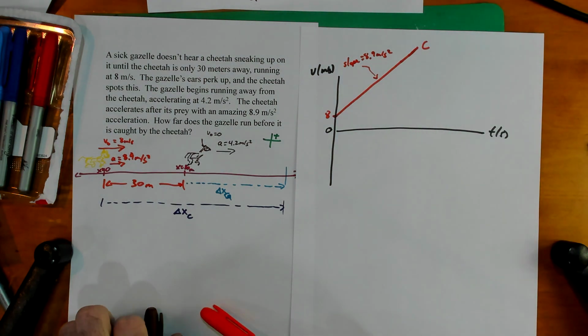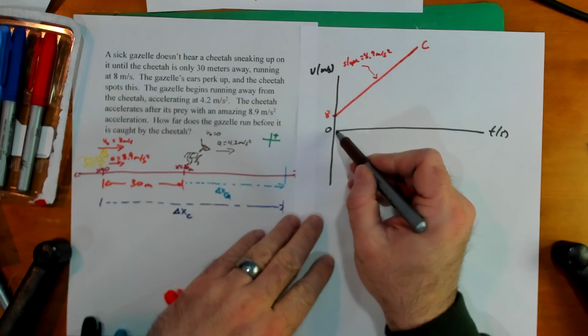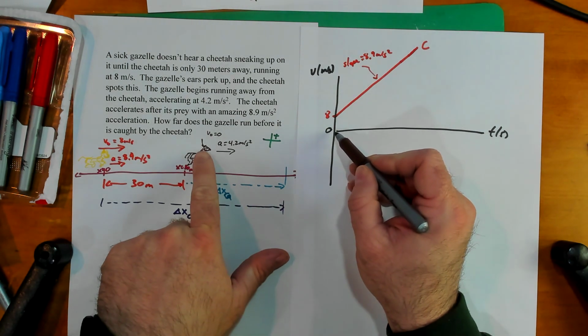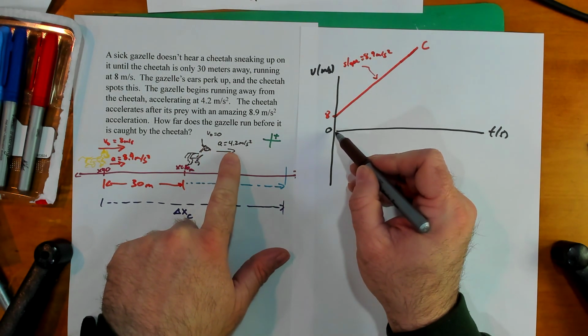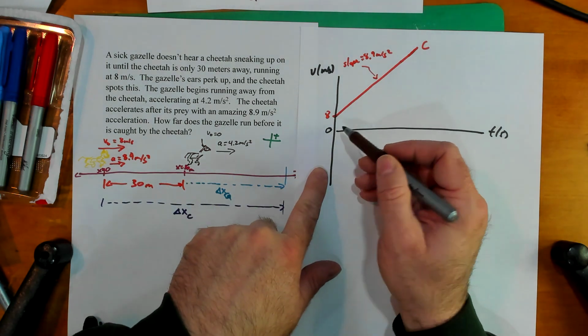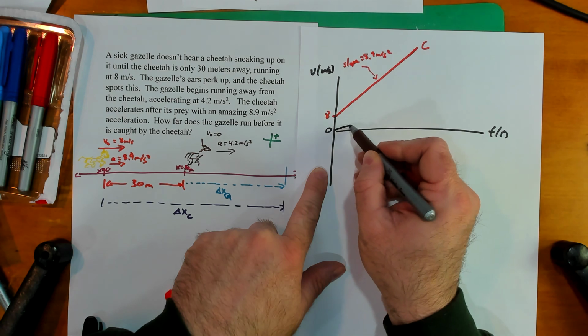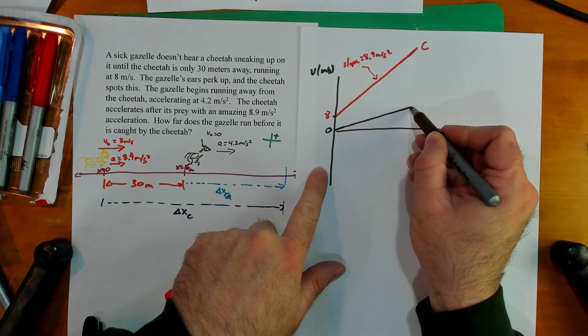Now let's draw in the gazelle. The gazelle starts from rest, so it's got a velocity of 0, and it has an acceleration of 4.2. That's smaller than the cheetah's acceleration, so I want it to have a shallower slope. So maybe the gazelle's line looks like this.